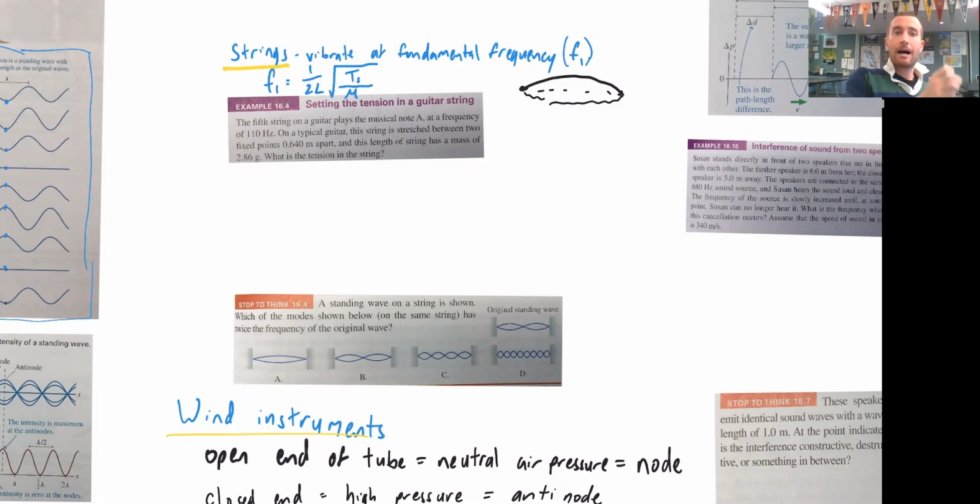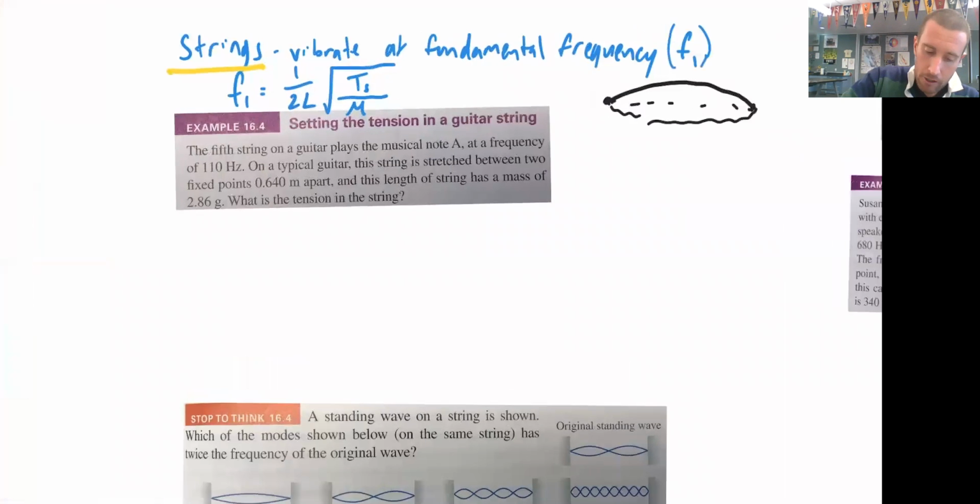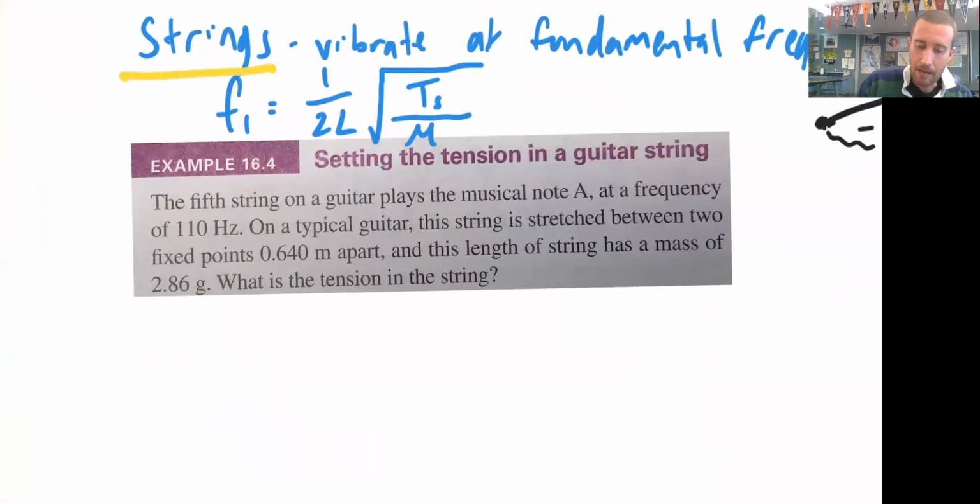The equation for the fundamental frequency is: the fundamental frequency is equal to 1 over 2 times the length times the square root of the tension over the linear density of the string.